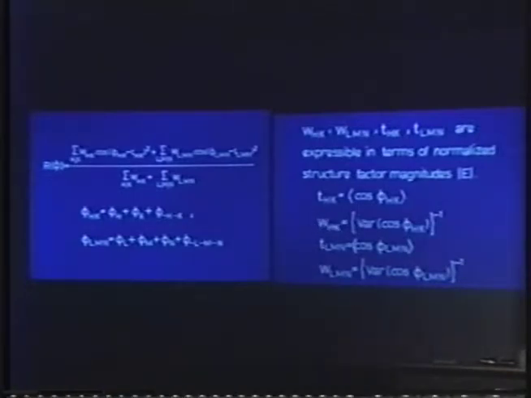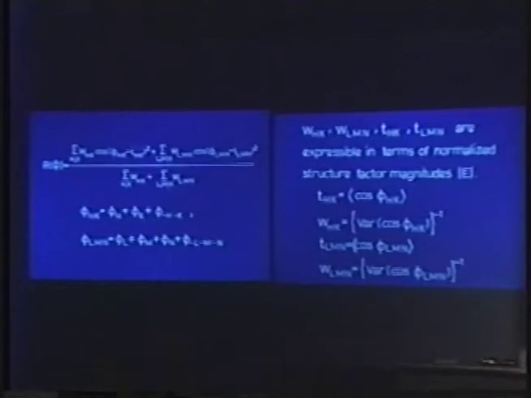Here, W sub hk is defined as the inverse of the variance of the cosine of the triplet phi of h and k, and it's something which can be calculated in terms of known magnitudes E alone. Similarly with the weight W sub lmn. It's the variance defined here.